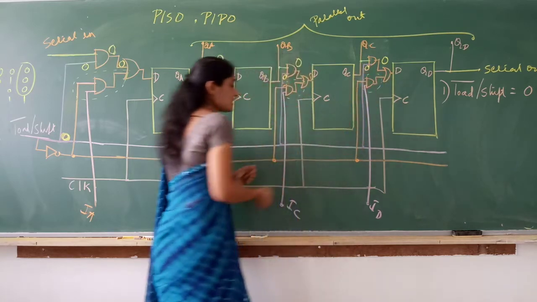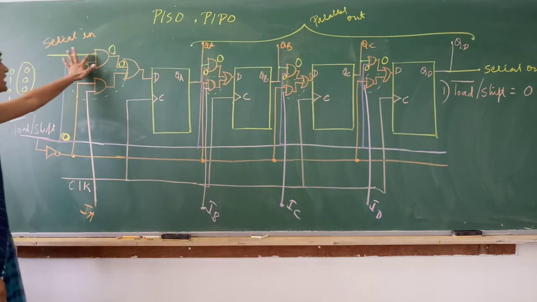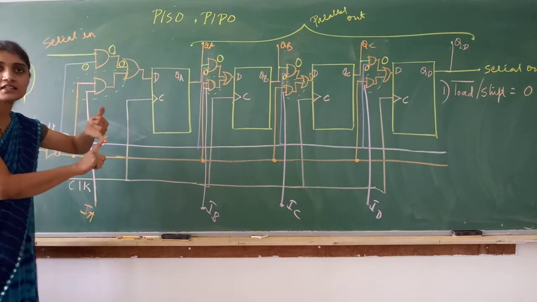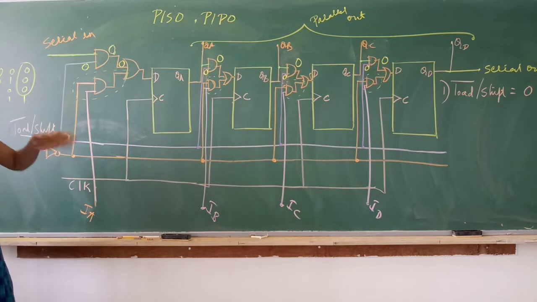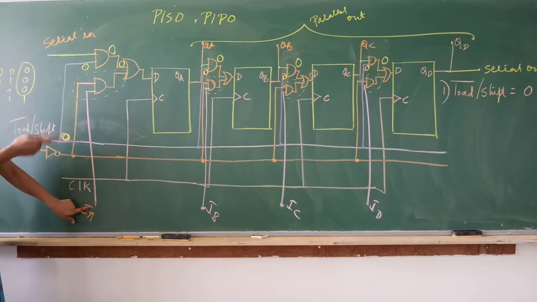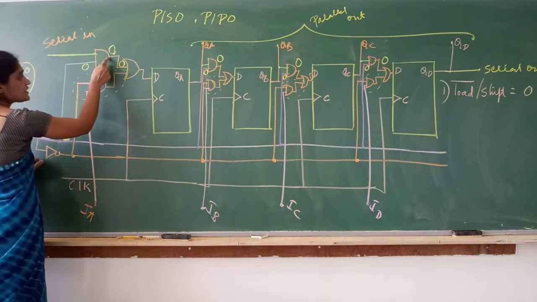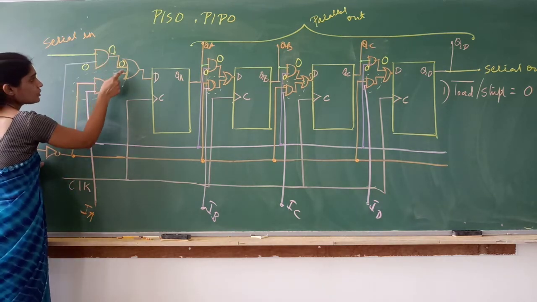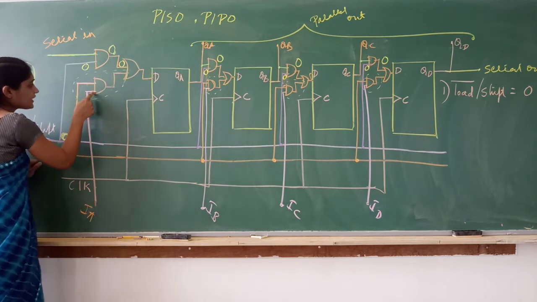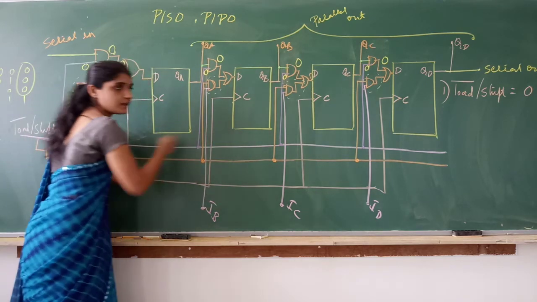That means if you give load bar shift line to 0, the serial in is not going to work. So we are not going to get serial in, serial out or serial in, parallel out. But it is going to work as parallel in, parallel out or parallel in, serial out. Because the first AND gate input is 0, now the OR gate output is depending on the second AND gate. What have you connected to second AND gate? Parallel inputs IA, IB, IC, ID.